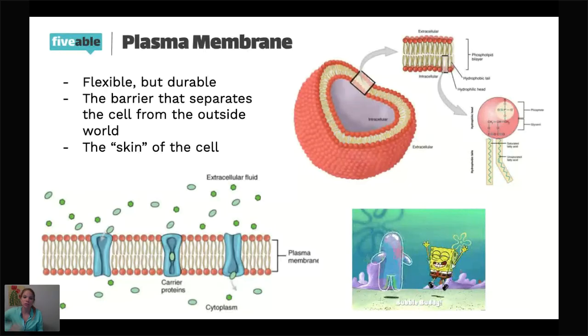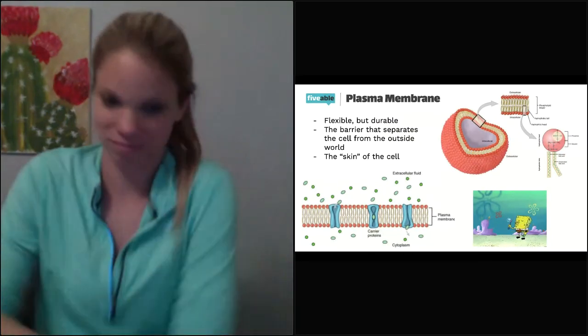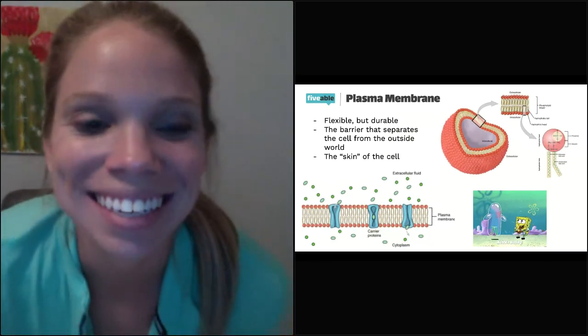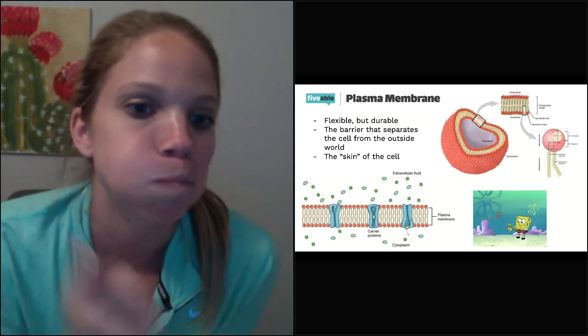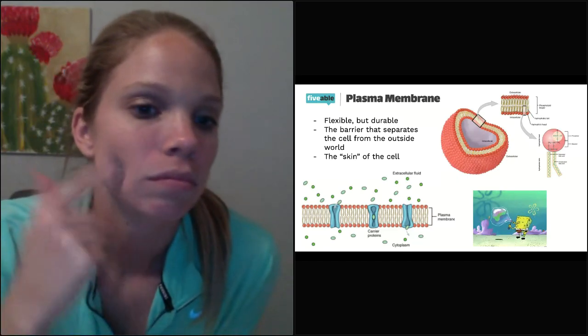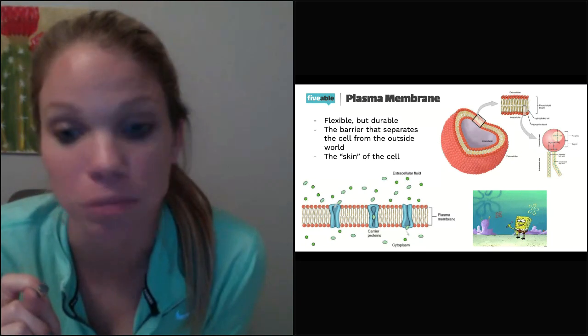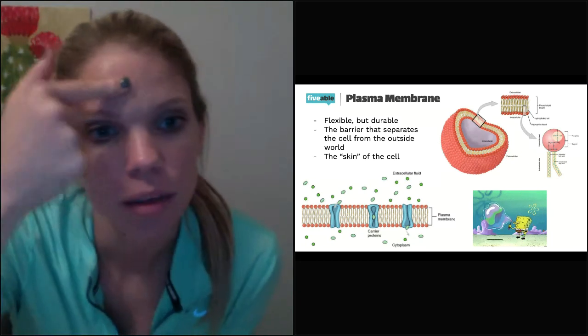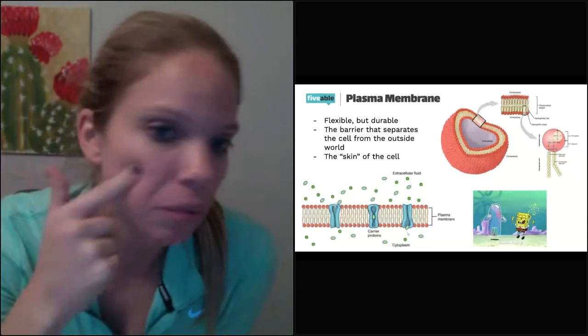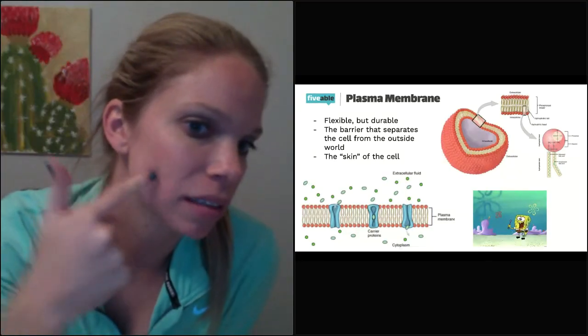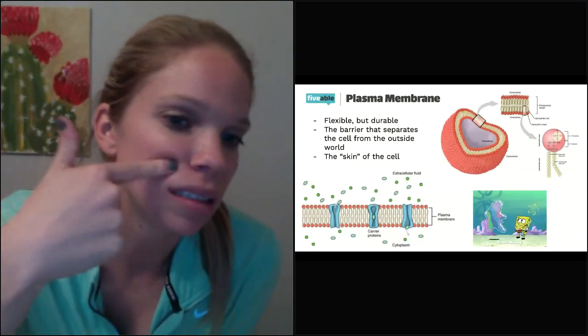And that's what makes your phospholipids flexible, because if I have some skin, here's my face. My face is flexible. Don't touch your face like this, it's not good for it. I'm doing this for science and for your education. But I can move the skin on my face and it doesn't break.